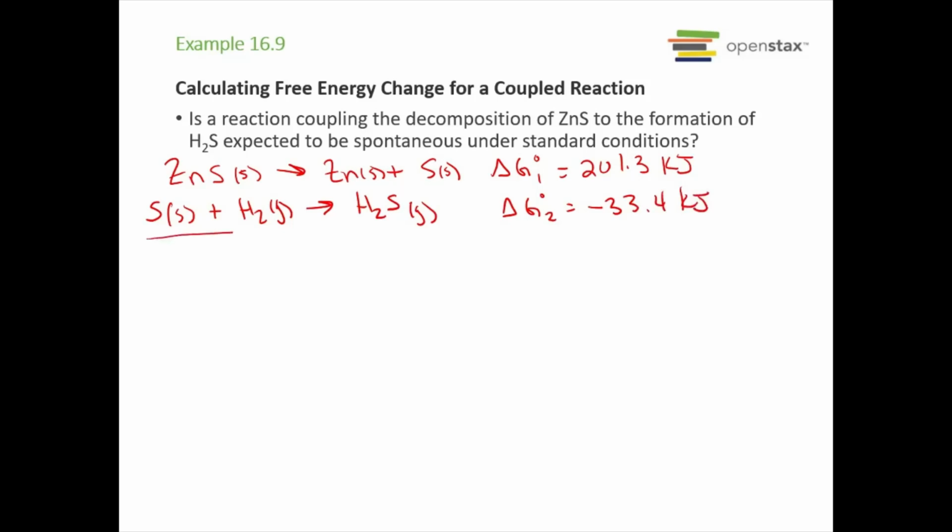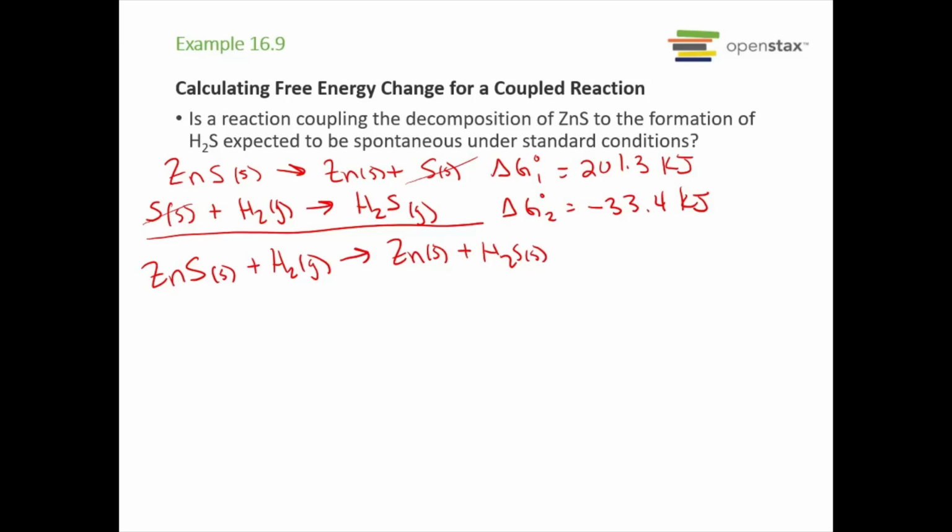So our coupled reaction, our overall reaction, in other words, we're just going to add everything up. We see the sulfur is our intermediate and it cancels out on both sides. And this simplifies down to zinc sulfide solid plus hydrogen gas react to form solid zinc and hydrogen sulfide gas.